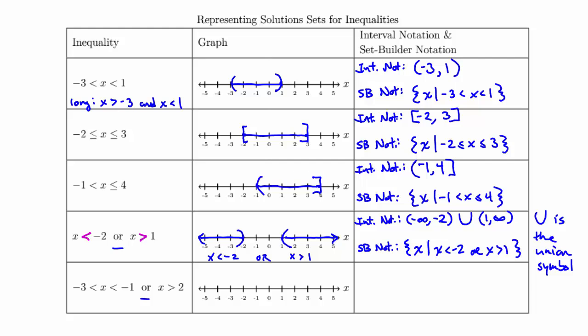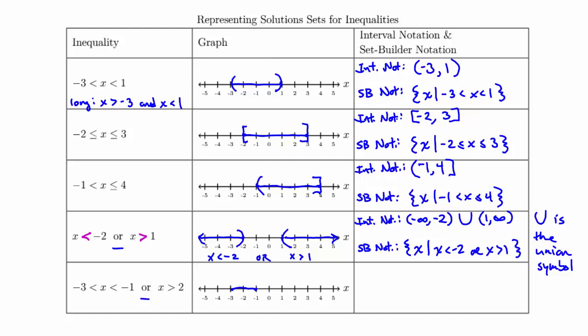All right, for our last one, we have -3 less than x less than -1 or x greater than 2. So for this one, we'll go to -3 and -1, and we want all values in between there.